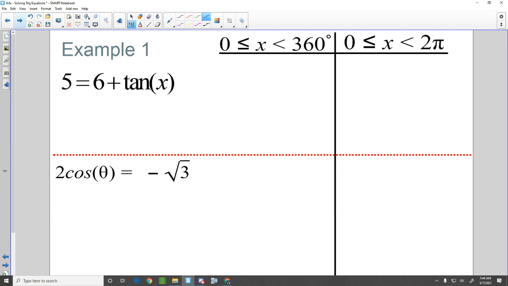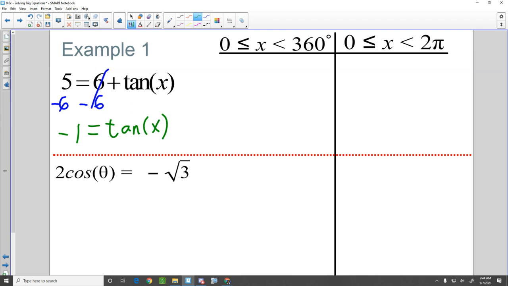How can I get rid of that 6 that's on the right side? What would we do if it was just a basic algebra problem? Just subtract it, right? That's a positive 6. So let's start by doing that. We're going to subtract 6 from both sides, so that cancels out. What's 5 minus 6? So negative 1 equals the tangent of x.